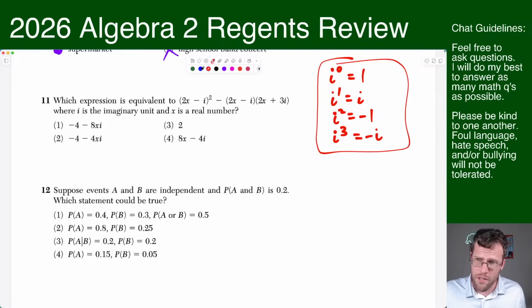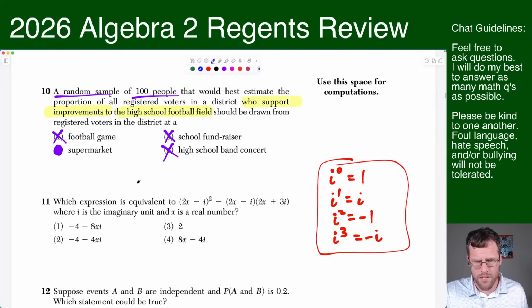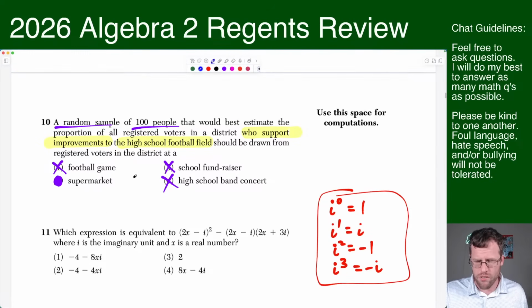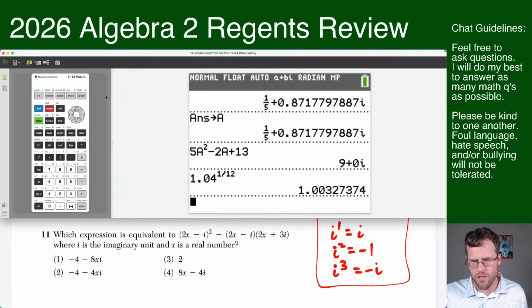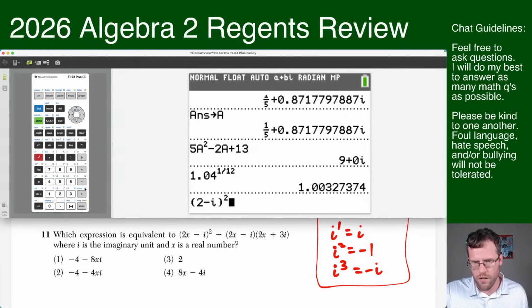Okay, and using this, now we use our algebra skills. Now, if you want, I could show you sort of a magic trick here. This only works for multiple choice though, by the way. Let's just say you're like, oh no, I don't like these questions, my algebra is weak. I write this without the x: 2 minus i squared, then minus parentheses, no 2x, just 2 minus i.